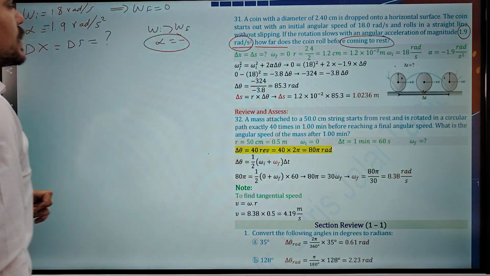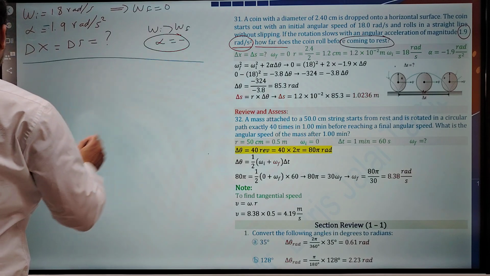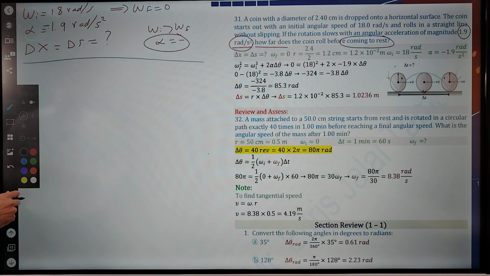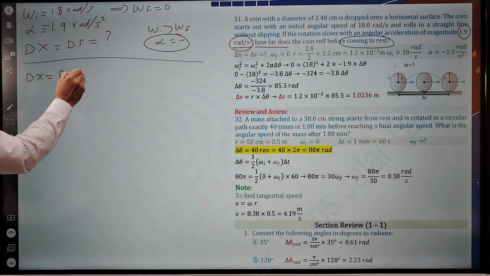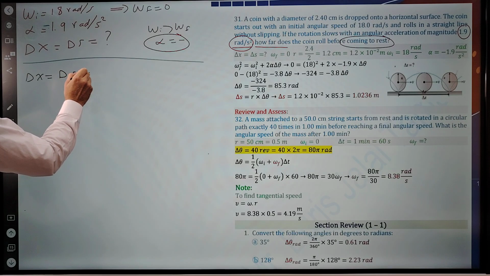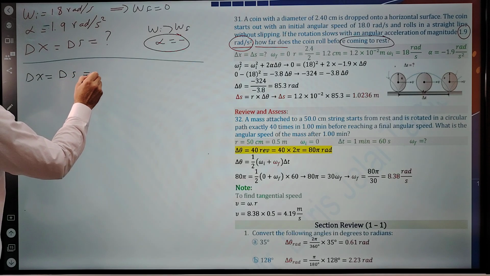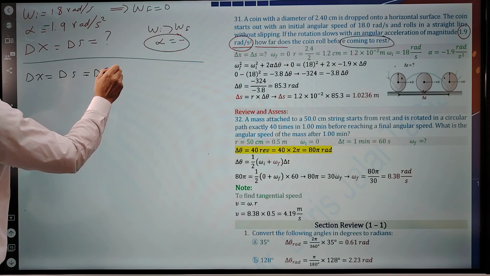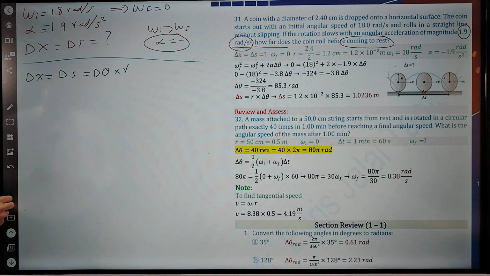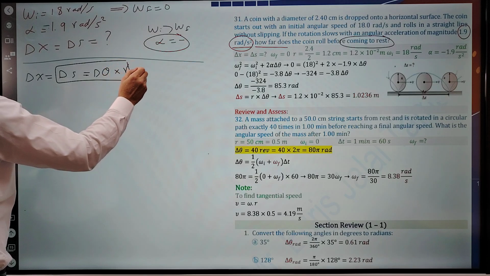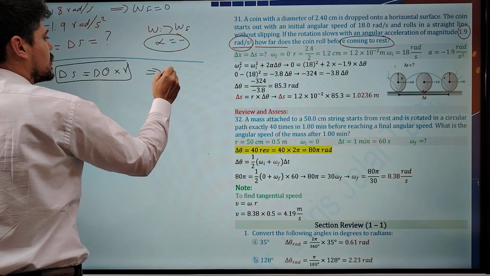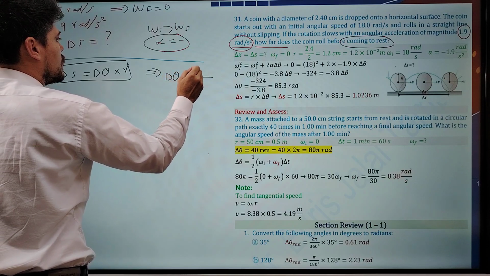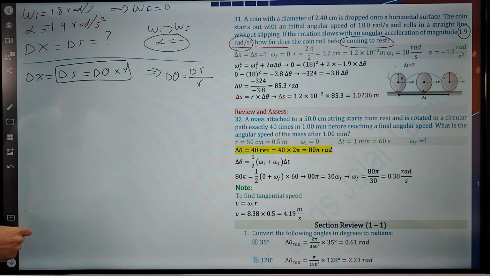So in this question, you have to make a plan. The plan of this question: we have to find delta x, which is equal to delta s, and we know that delta s is equal to theta times r. Why? Because as we studied before, theta, angular displacement, is equal to arc length divided by radius.